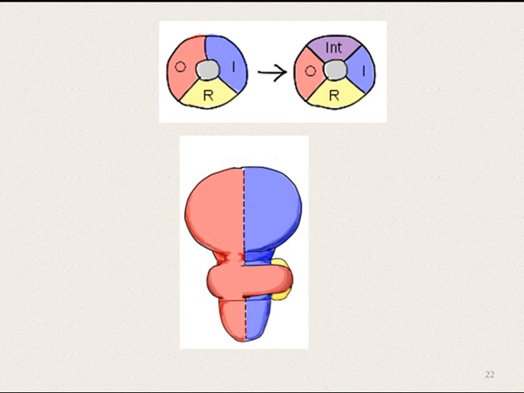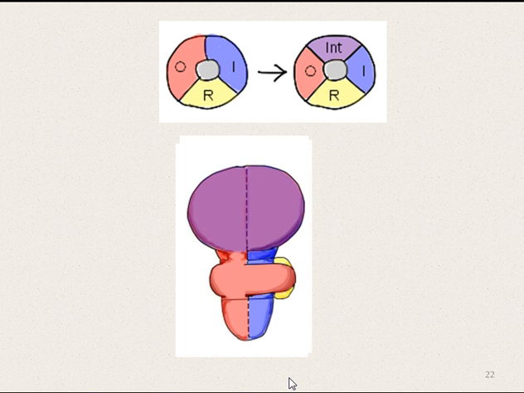Finally, the color of telencephalon turned into purple. And that was the anatomical model containing 5 colors representing 5 functional categories.